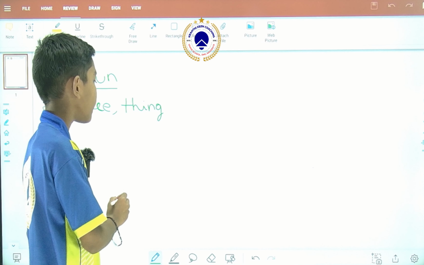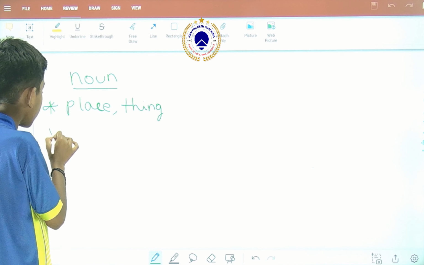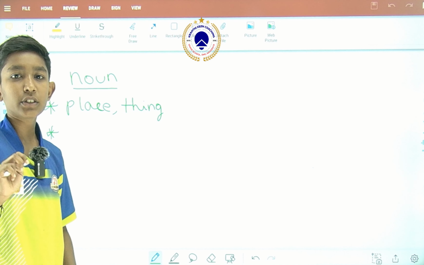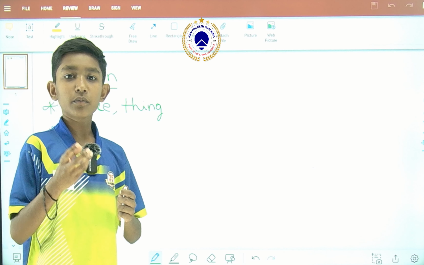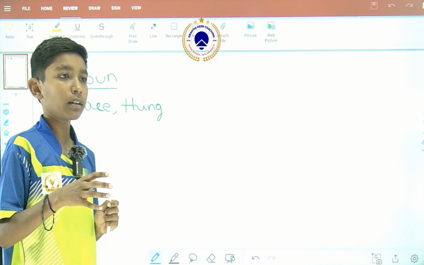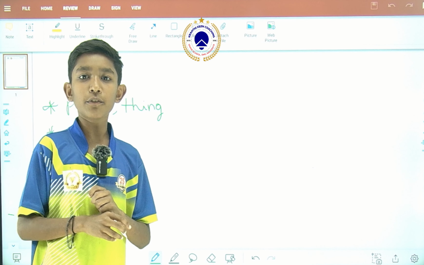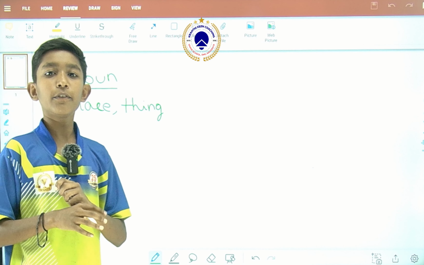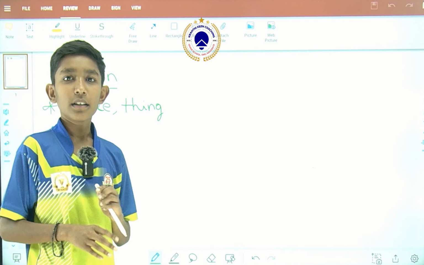So the tiger is a noun. Then collective noun. There are five kinds of noun. Collective noun means which can be collective, like for example, a fleet of ships. Here the group of ships is called fleet.